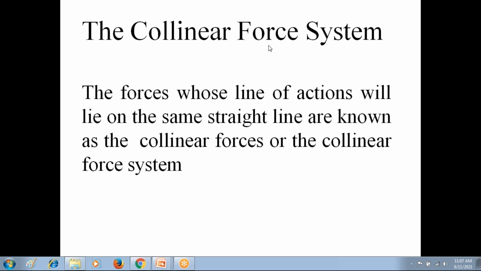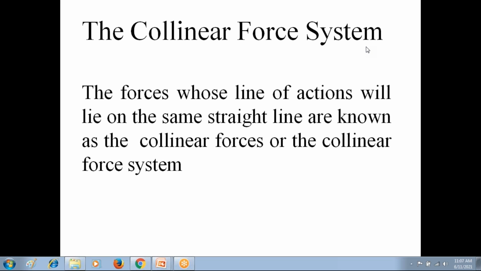We call the force system collinear if the lines of action of all forces lie on the same straight line. So check this diagram on your cell phones.